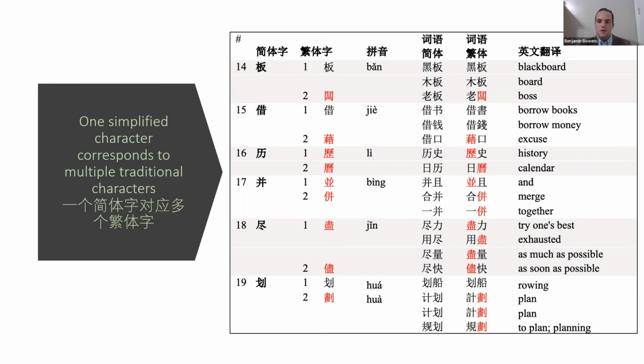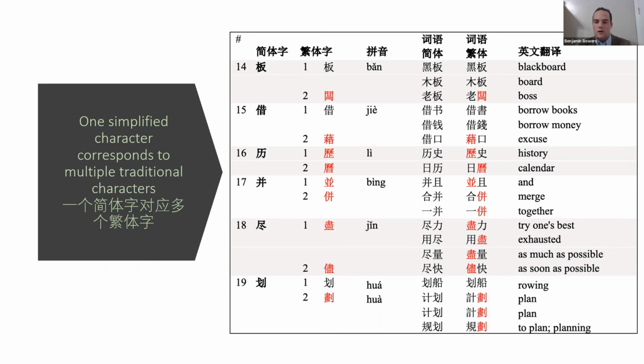Then 借,借书,借钱,借口. 16 we have 历,历史,日历,并且,合并,医病. 18 we have 尽,尽力,用尽,尽量,尽快.